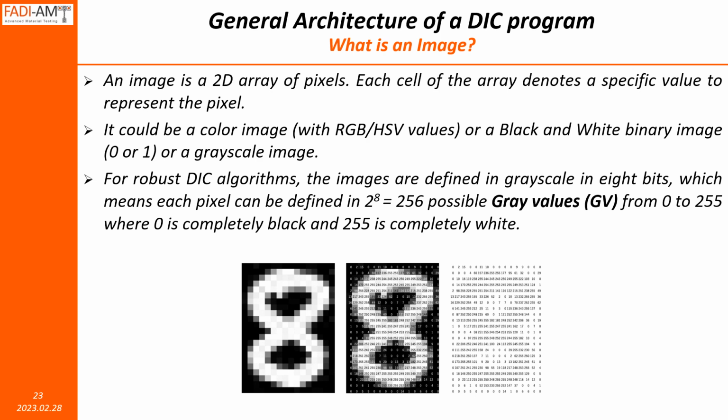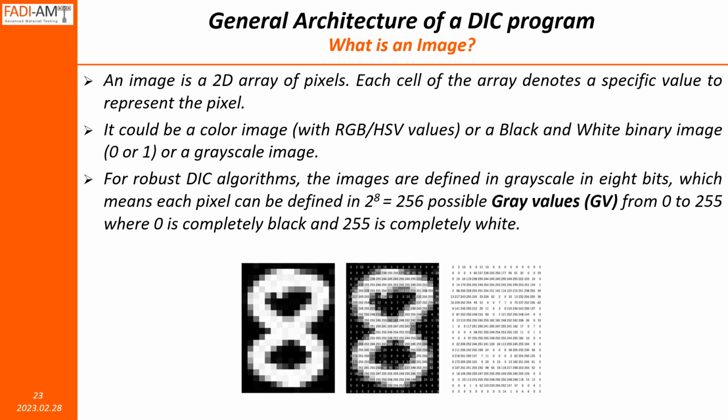So an image on the bottom, which clearly shows 8 here, is actually a combination of numbers from 0 to 255. Wherever there is white and the 8 is written, there is a number closer to 255, and wherever there is black, there is a number close to 0.